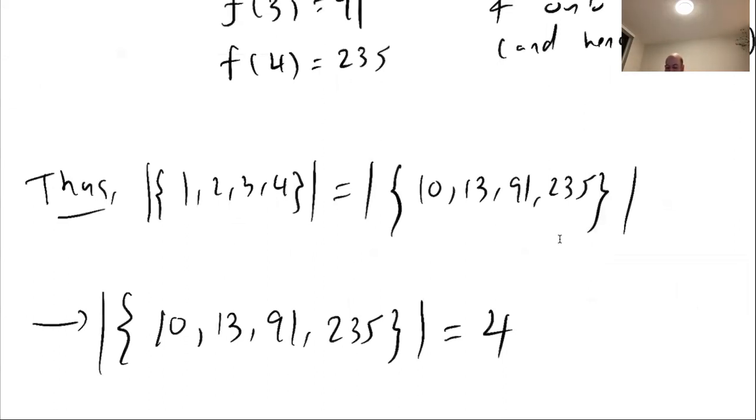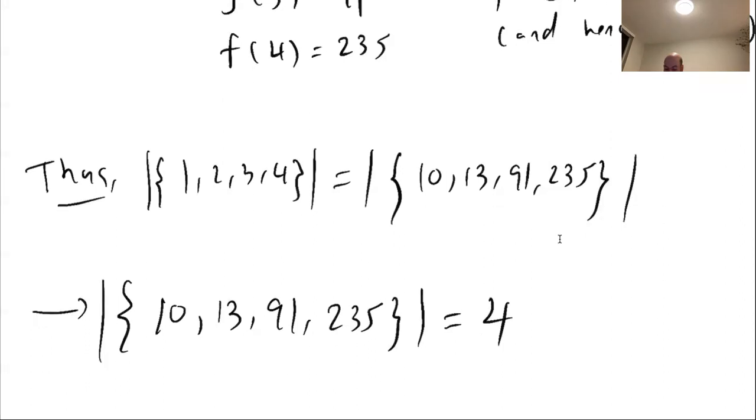This type of reasoning for a set with 4 elements can be repeated for any set with n elements. There was nothing special about 4. With 5 elements, you can provide a similar argument, with 6 elements as well, and so on.